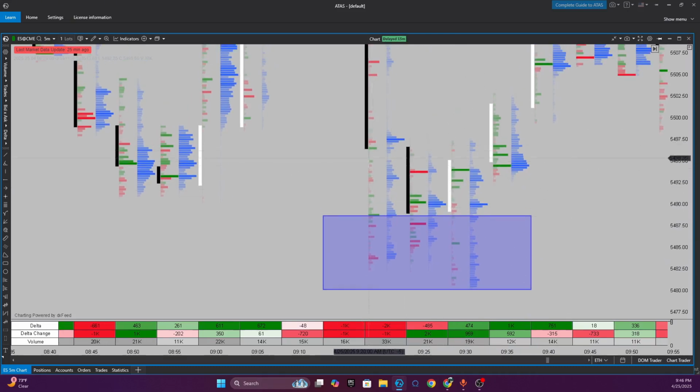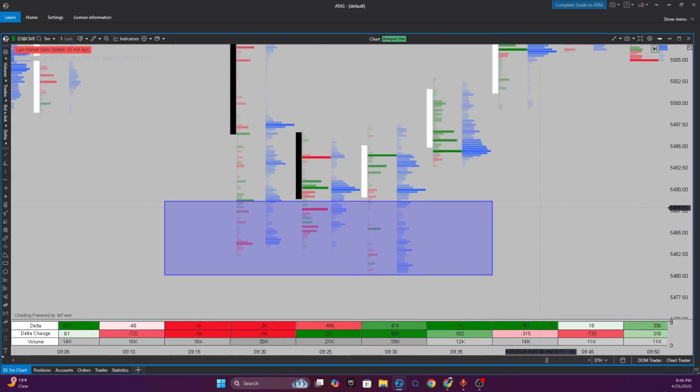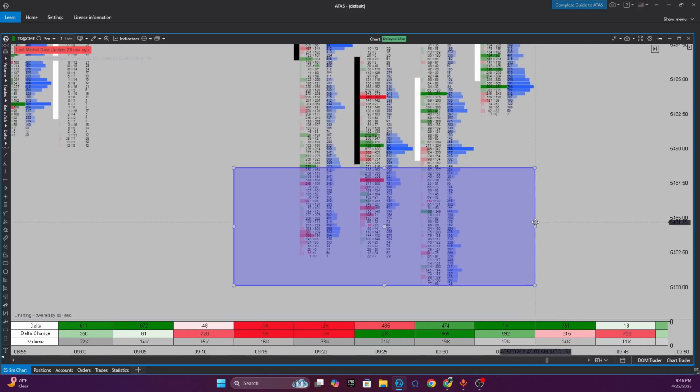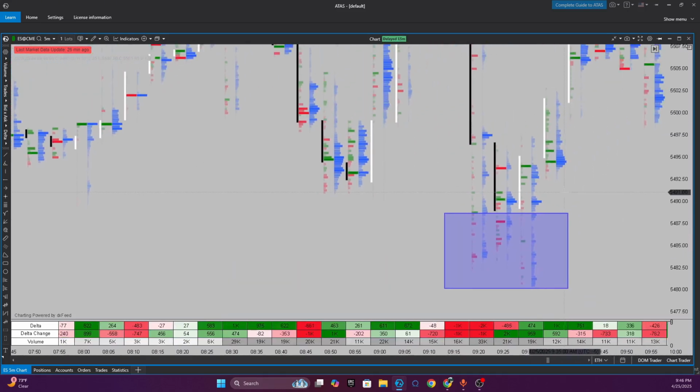Look at the wicks here, right? Lots of seller delta at the bottom, but price keeps wicking up at this area, being a key indicator that there were passive buyers. But on the footprint charts during this time, I wouldn't use it with such high confidence because I don't see as much of a divergence as I would like, but it definitely adds some sort of confidence.